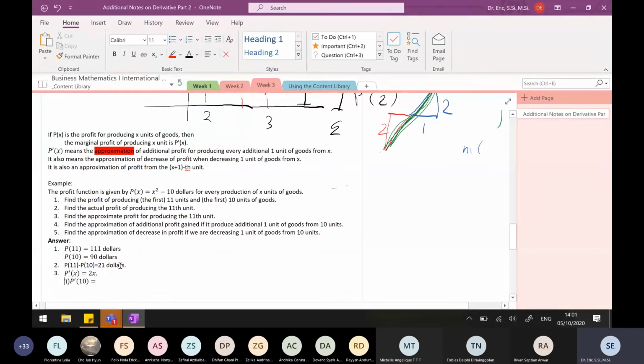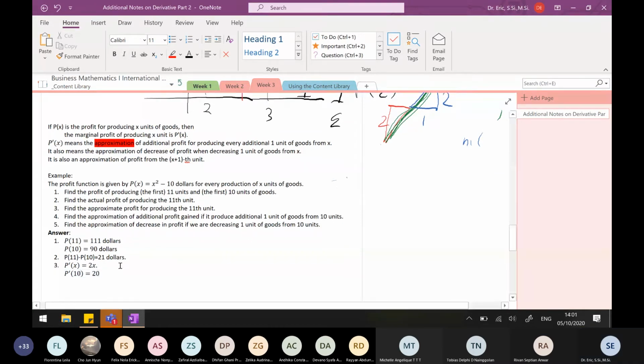And so P prime 10 is 20. You see, this is a good approximation. Look, 21 is the actual profit. The actual profit for producing the 11th unit is this one, $21.